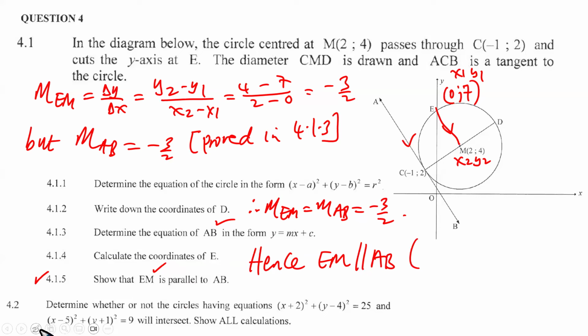EM and AB are parallel to each other because the gradient of EM is equal to the gradient of AB, which is actually equal to minus 3 over 2 there.